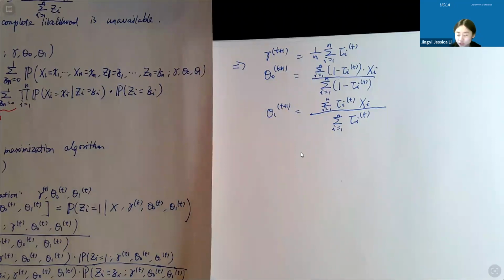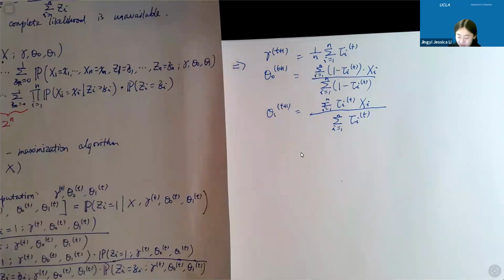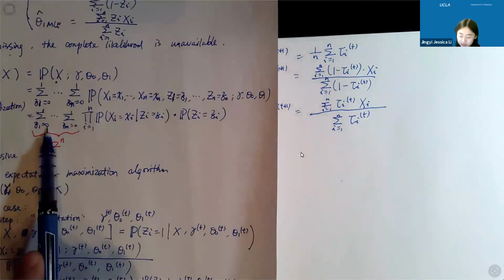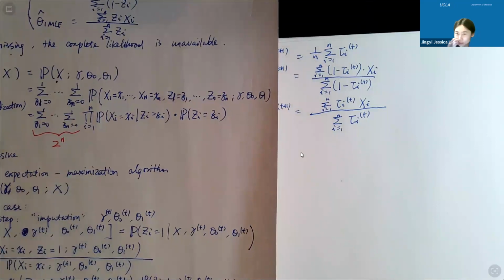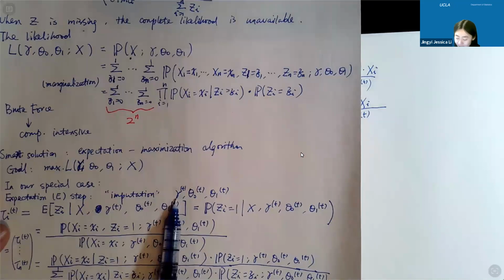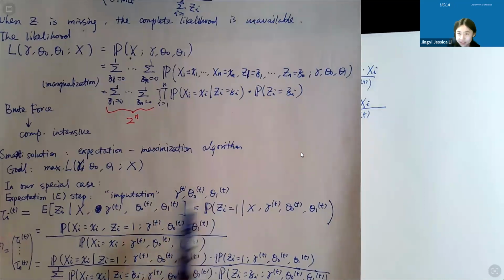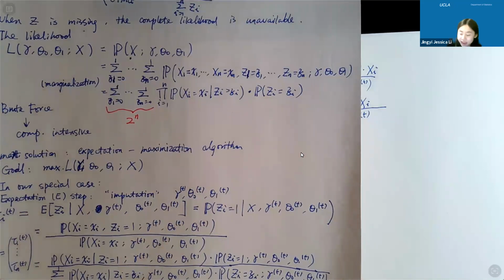So you see that we don't need this brute force calculation to take a sum over 2 to the power n terms, right? That's tremendous. We just need to do this iteration. And if your initial values of gamma, theta 0, theta 1 are set very close to the MLEs, we can have very fast convergence.